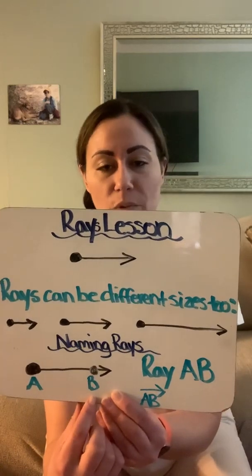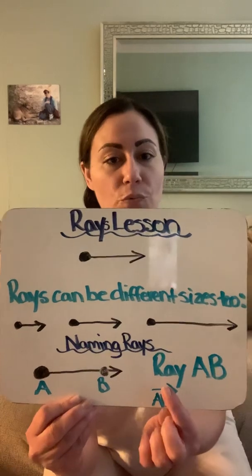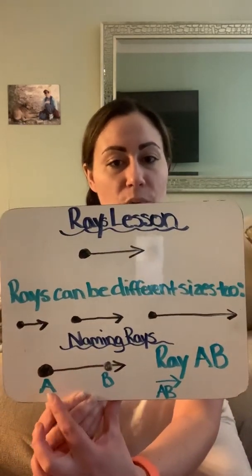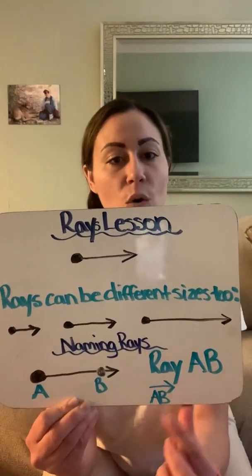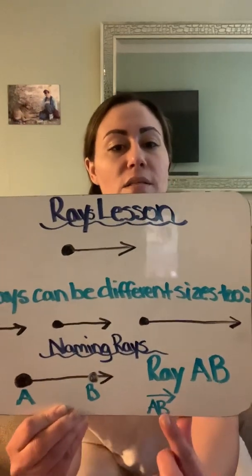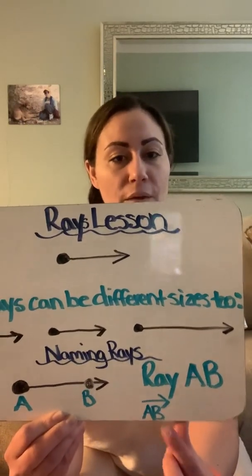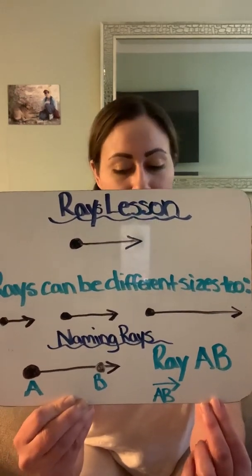Then I would write it as ray AB. It starts with A and goes to B. So either ray AB, or I can draw a little ray symbol and write AB. Those are the 2 ways of naming the ray.